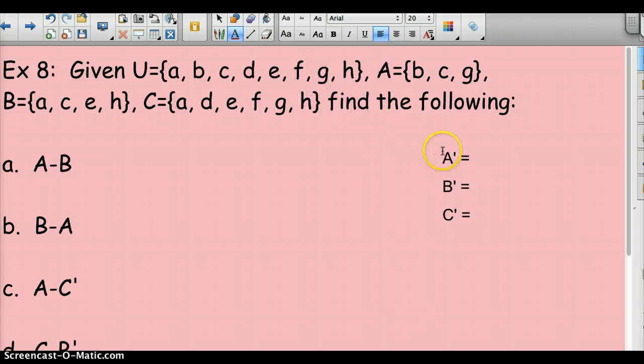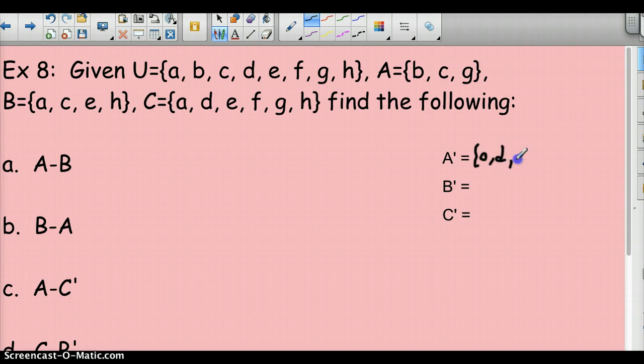As I look, we're talking here about A prime. Well, if A has B, C, and G, A prime, in this case, has all the elements in the universal set, A, D, E, F, and H, that are not in A. B is A, C, E, and H. I will define B prime to make my life easier later.